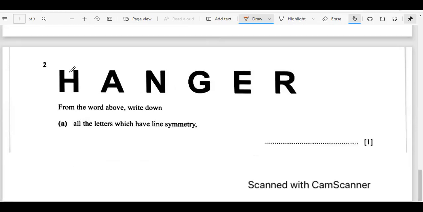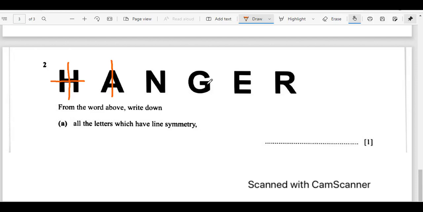If I talk about H, I have one and two lines of symmetry. If I talk about A, I have one line of symmetry. If I talk about N, do I have any lines of symmetry?